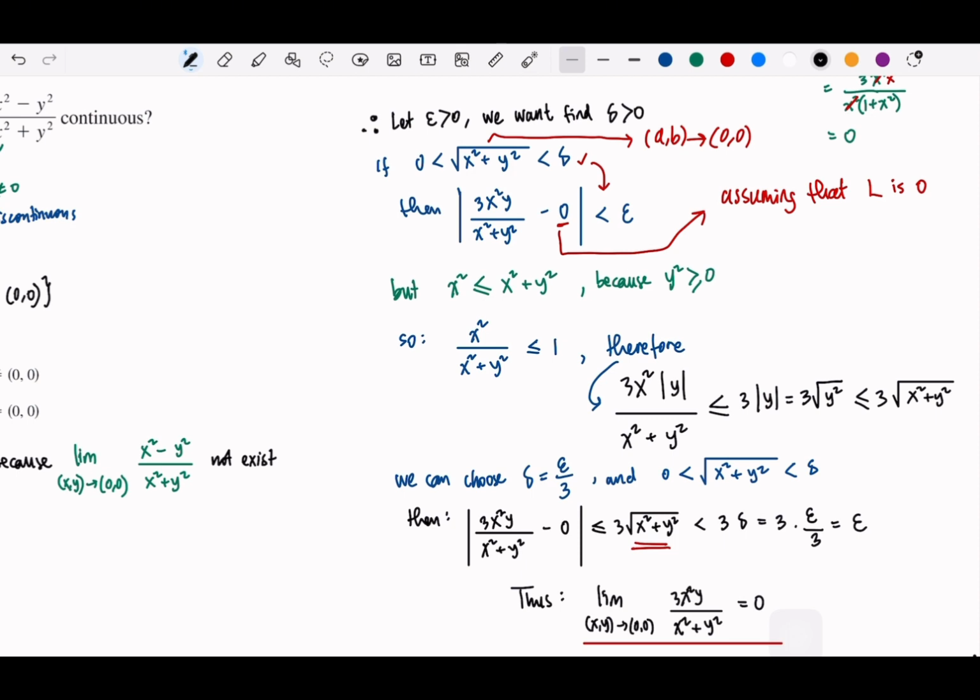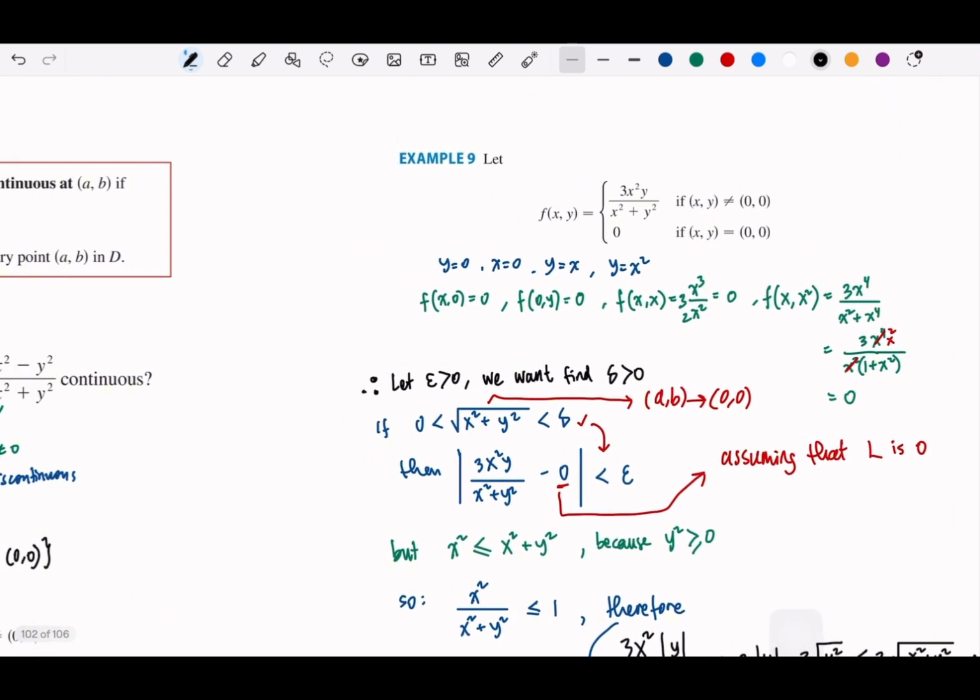So if we can prove the limit exists, back to the continuity, then this function will be continuous.